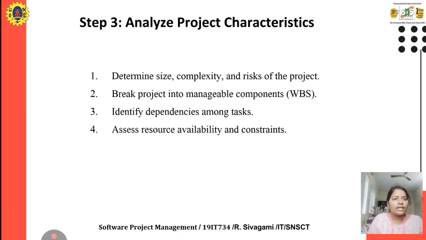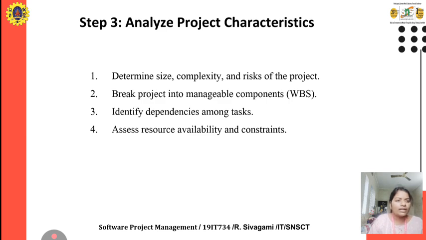Step 3 is to analyze the project characteristics. Determine the size, complexity, and the risk of the project. First, we determine the size of the project, then the complexity, and the risk of the project.